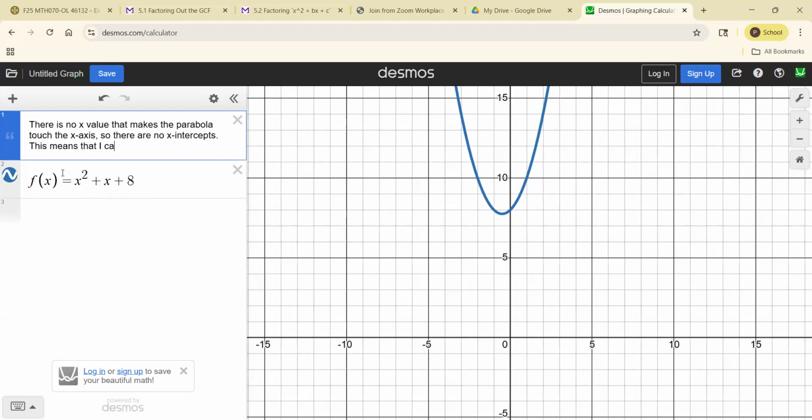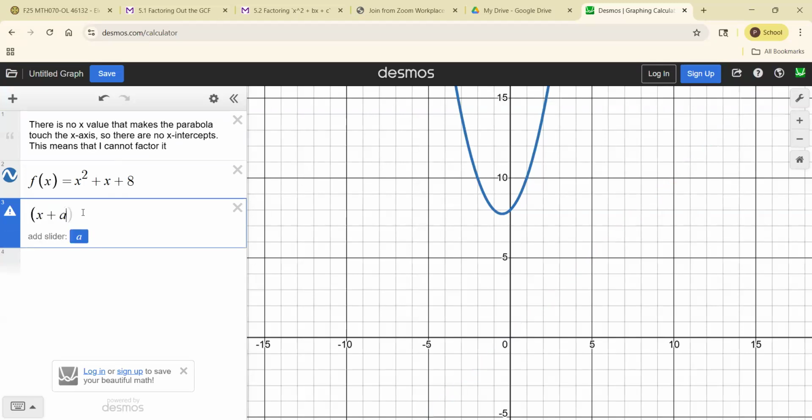This means that I cannot factor it. Because remember, factoring looks like x plus a times x plus b, where the a and the b are negatives of where your function would touch the x-axis. And if it never touches the x-axis, you're never going to be able to write it this way.